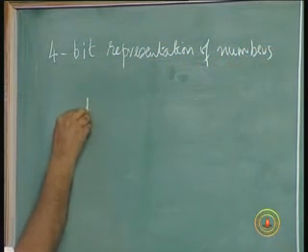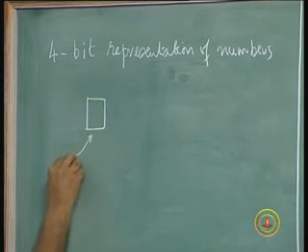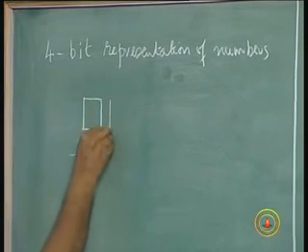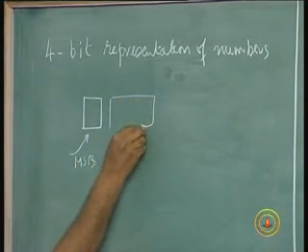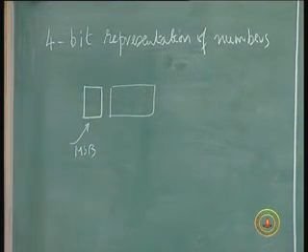And I would consider in these 4 bits, this is the MSB, the sign bit, and these are the bits which represent the value of the number. So I can represent a maximum of only 3 positions.